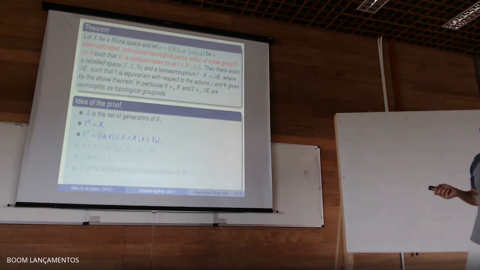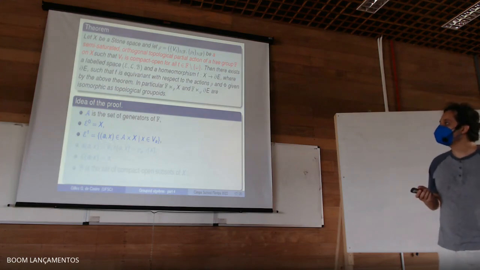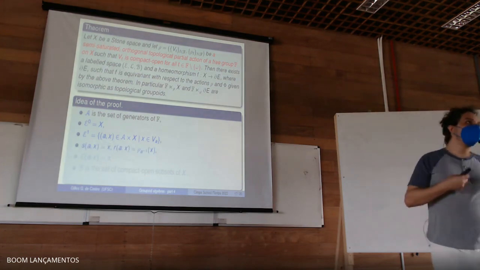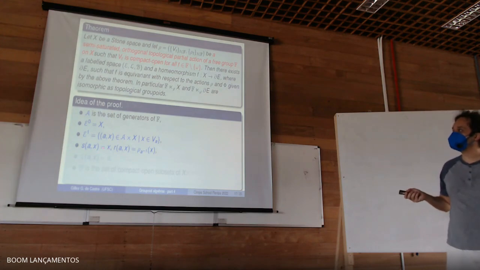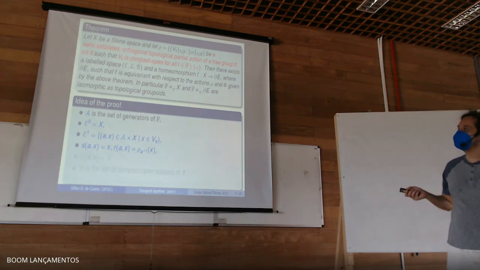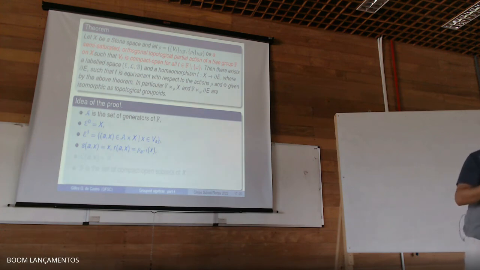So the edges are going to be these pairs (a, x), where x belongs to V_a in the partial action. And we need source and range maps for these edges. So the source is just going to be x itself. And for the range, once we know that x is in V_a, we can apply the action of a inverse on x.